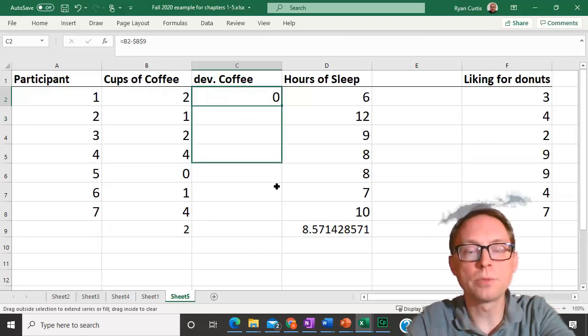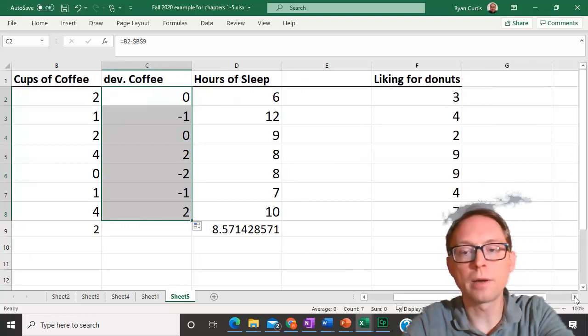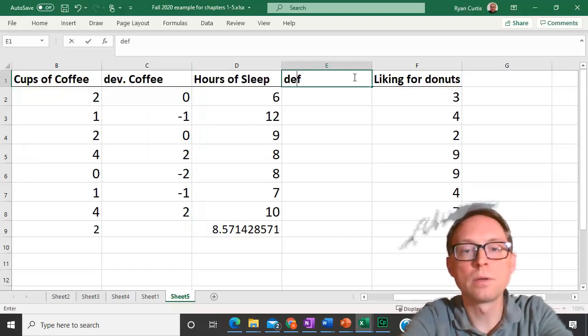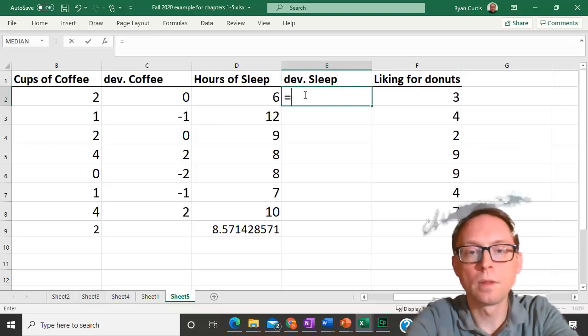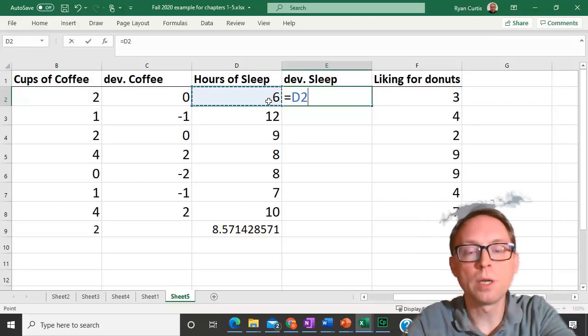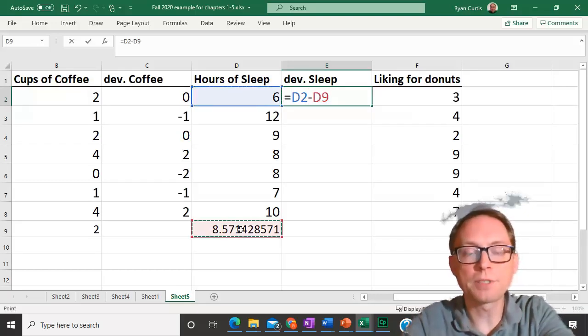And guess what? 2 minus 2 is 0. We do that for everybody right there. Then we do the same thing for hours of sleep. This is going to be deviations sleep. Participant 1 is 6 hours of sleep minus the mean of 8.57 hours of sleep. And here's what we get.